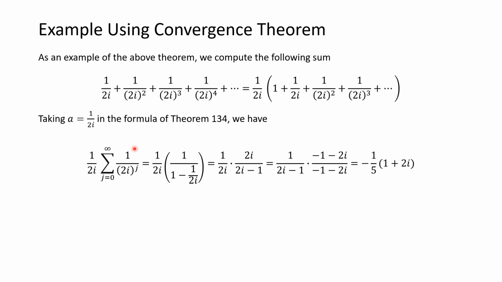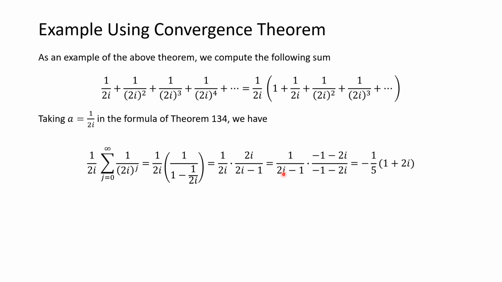And then we have this here, just writing this series in this format. And then we have 1 over 2i, and from our theorem 134, the sum is 1 over 1 minus 1 over 2i. We can get a common denominator here and then flip it like this. The 2i and 2i cancel.